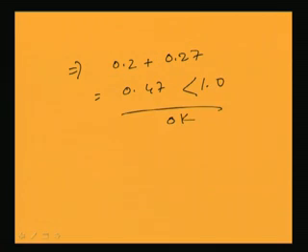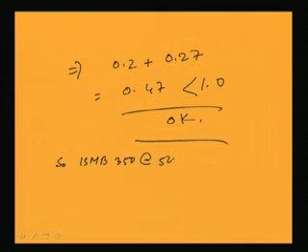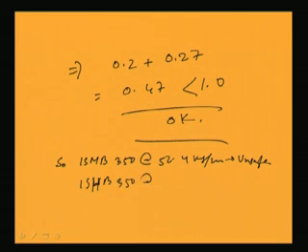That means okay. So ISMB 350 at 52.4 kg per meter is unsafe, whereas ISHB 350 with weight 72.4 kg per meter is safe.